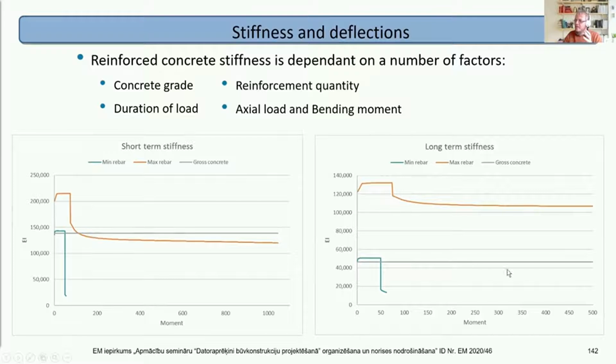Or you can say it's near enough, but more reinforcement will deflect less, so that's conservative. Or you can have your FE program iterating with a cracked section analysis program to give you the detailed cracked section deflections. Not many programs out there can do that at present.